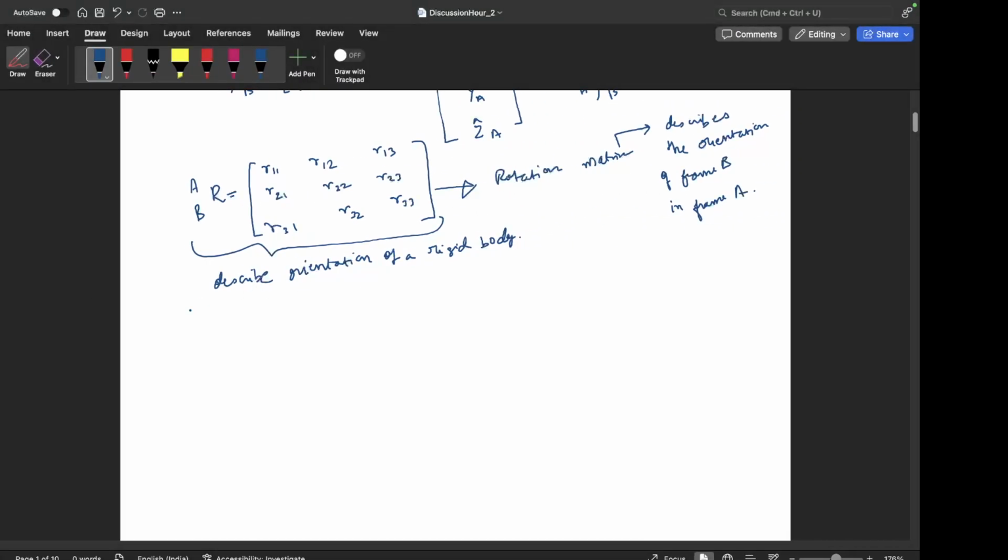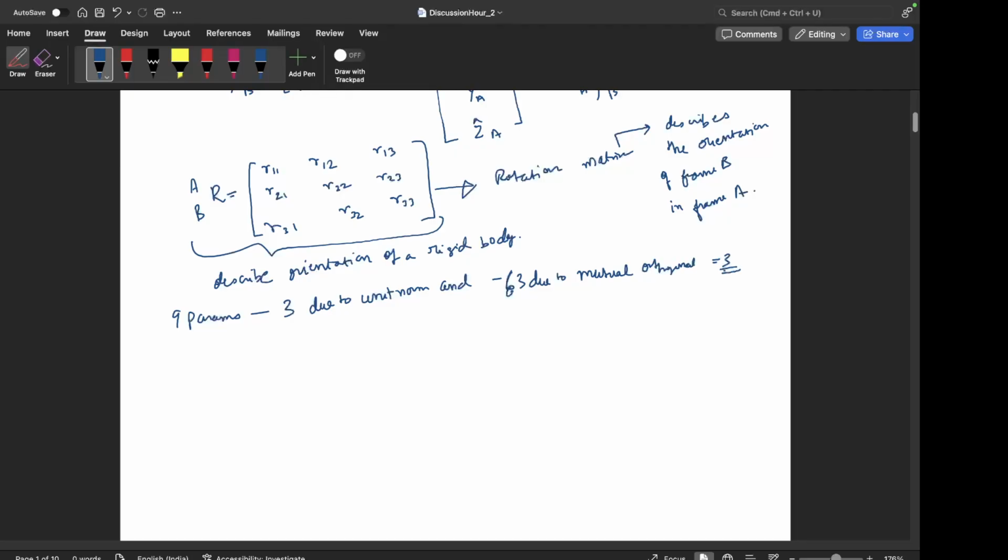So 9 parameters were there initially, minus 3 due to unit norm, and minus 3 due to mutual orthogonality.